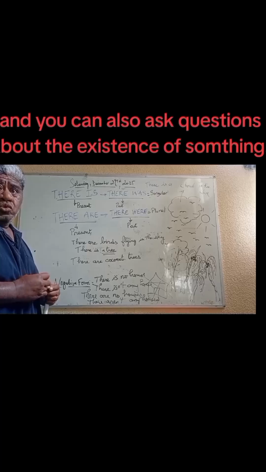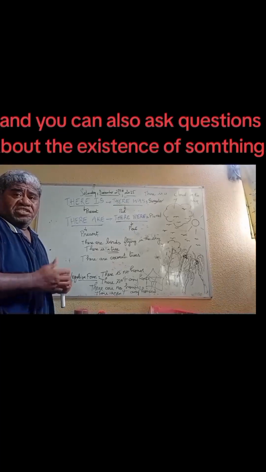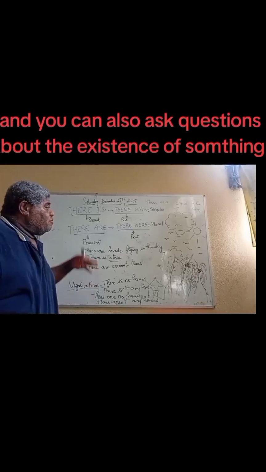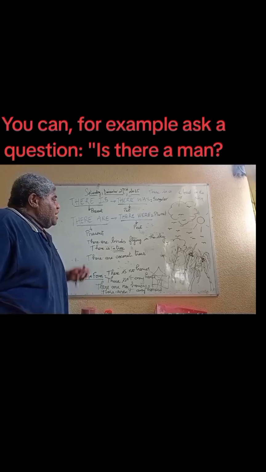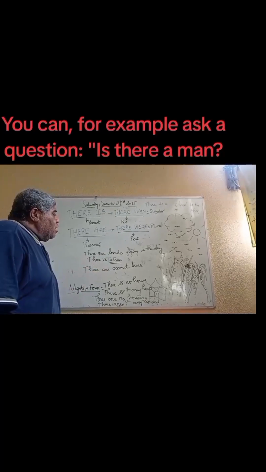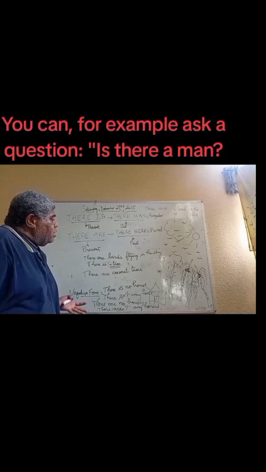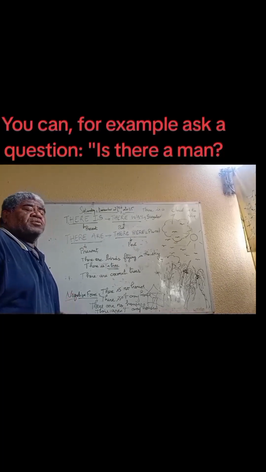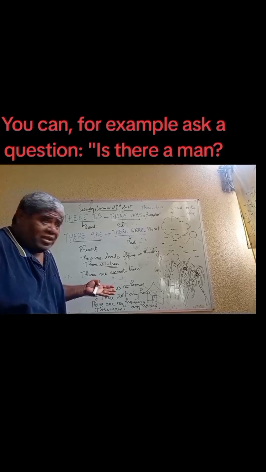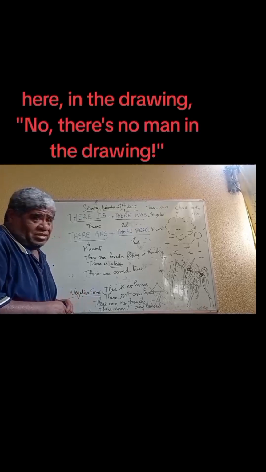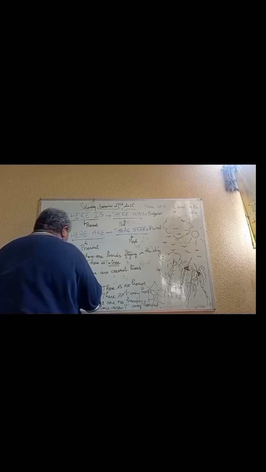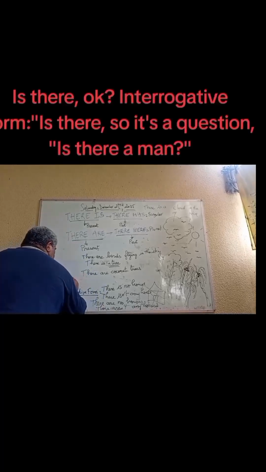And you can also ask questions about the existence of something. For example, is there a man here in the drawing? No, there's no man in the drawing. Is there, interrogative form.